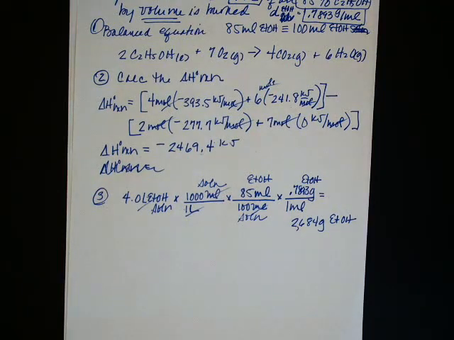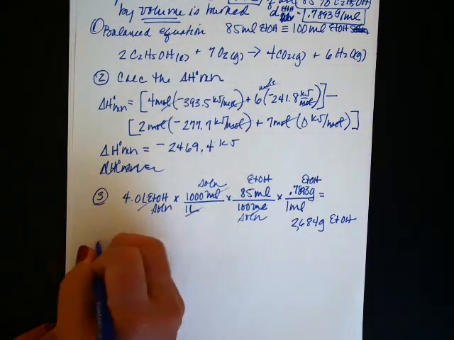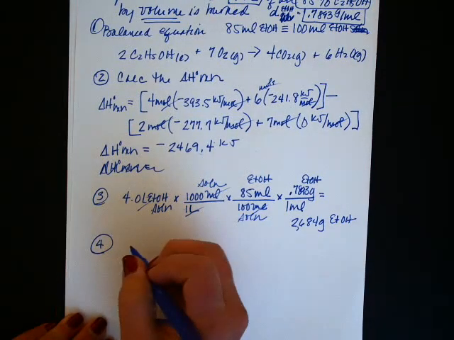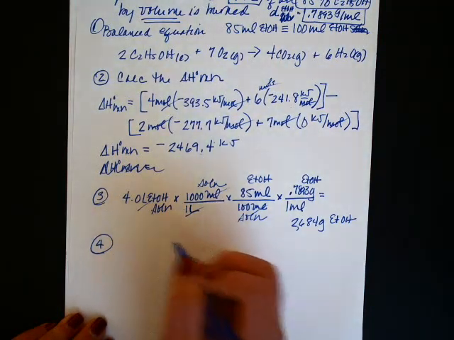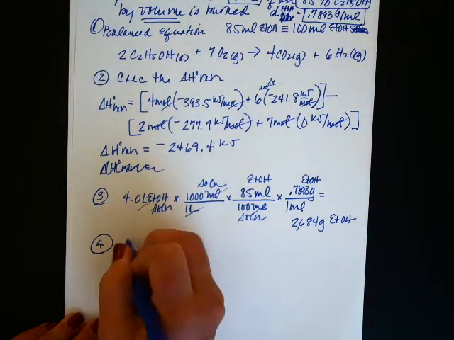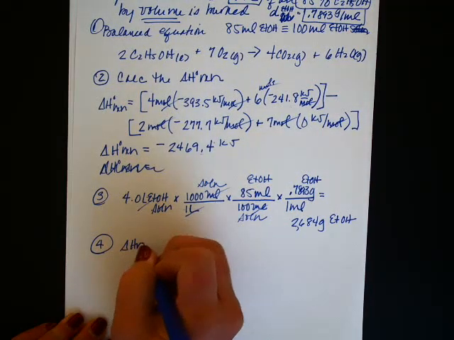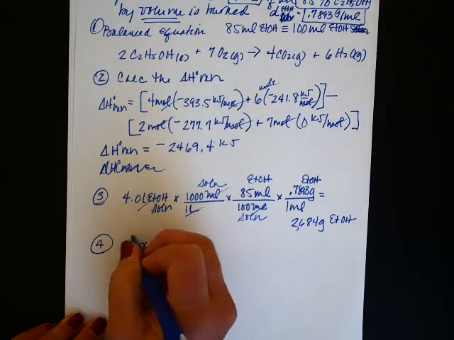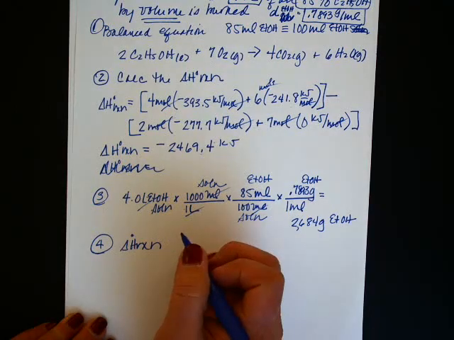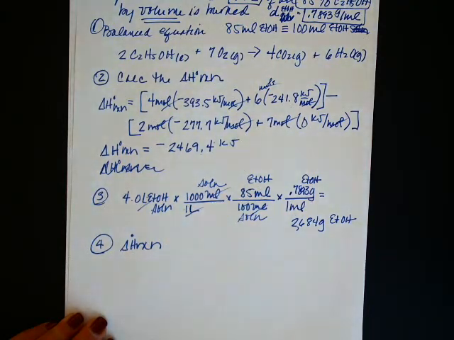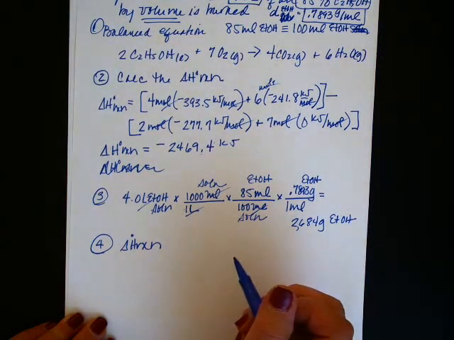So ultimately, I'm just going to take the delta H of that reaction, the standard heat of that reaction, that was for 2 moles, and convert these grams to moles.